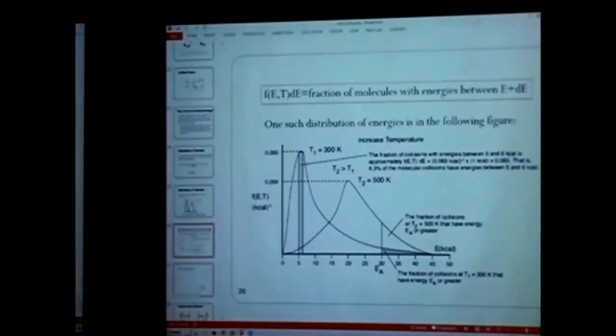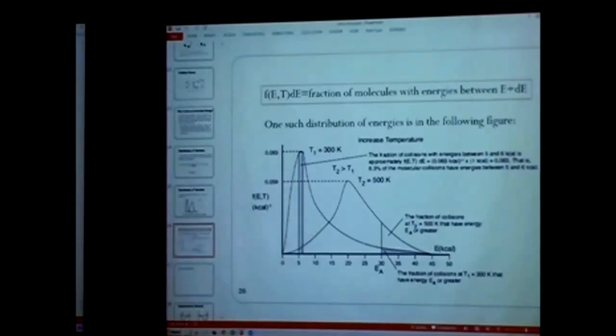Say you want to find statistically how many of your molecules, what percentage. This is versus energy, while the other one was versus the velocity, but it acts similarly. So here, this is the E, this is the F, similar to what we had for the velocity. I'm just making an example.